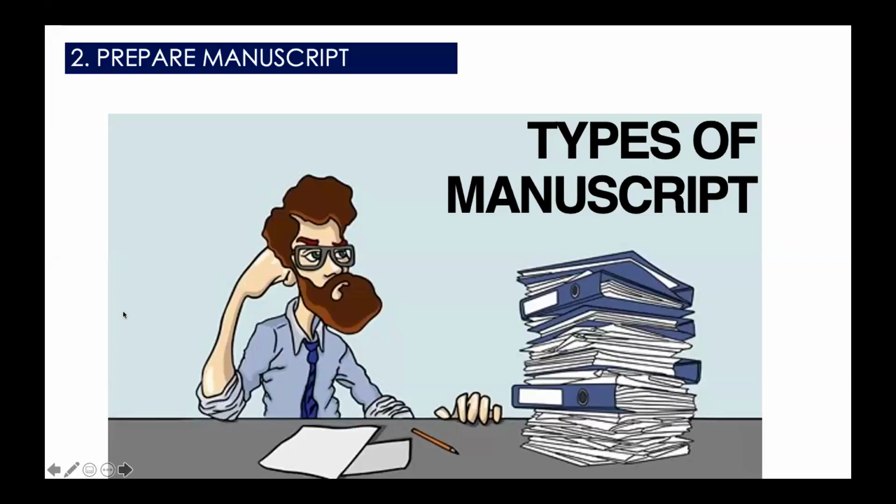Okay, so once we have an idea about the journals that we want to choose or use, then we can prepare our manuscript. We are ready to write a draft of the manuscript.